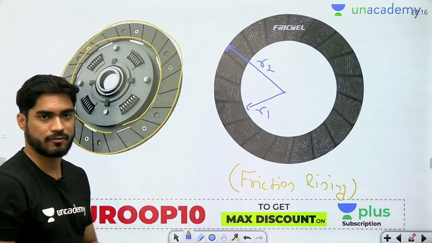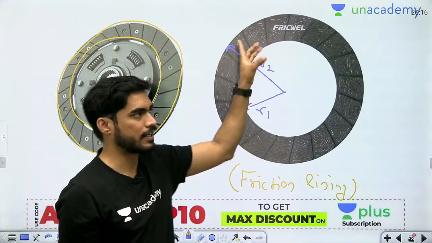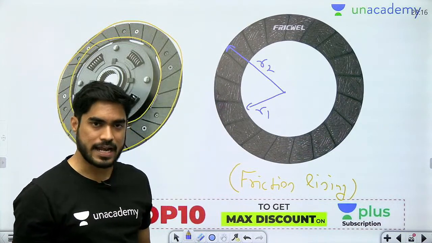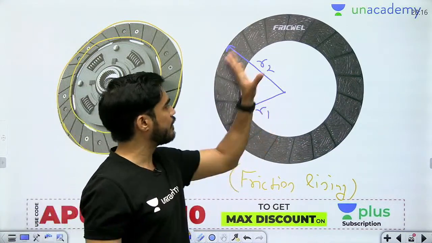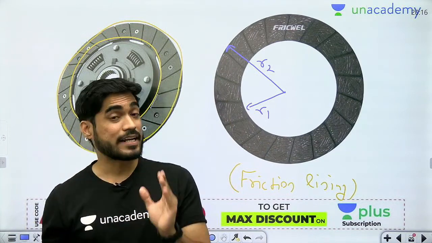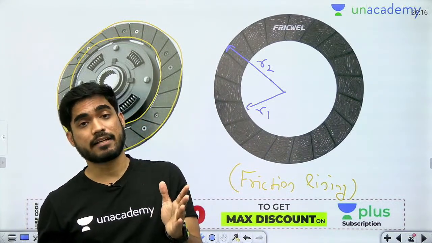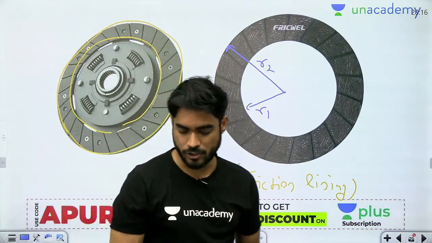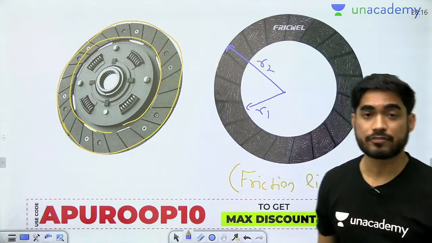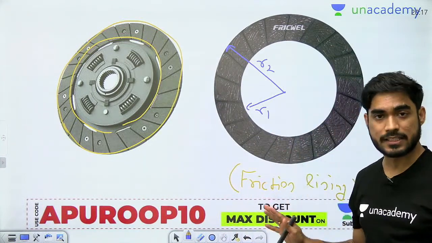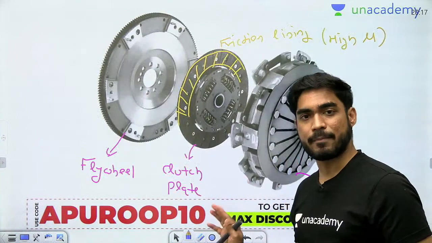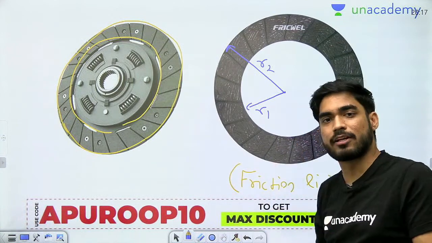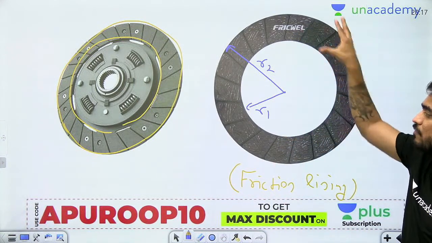There must be some relation between torque and the size of this friction lining, right? The bigger the friction lining, the more torque will be transferred. So there must be some relation between R1 and R2 and the torque transfer. I need that relation so that I know that if R1 and R2 are this much, this much torque will be transferred. Do you understand what the design of the clutch means? We need to find a relation between torque and the dimensions of this friction lining.